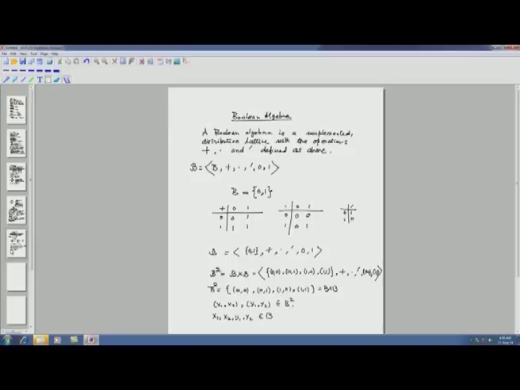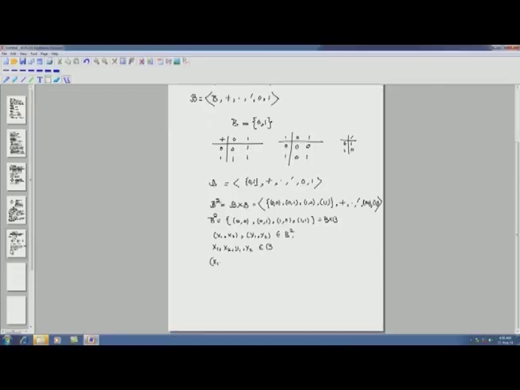Therefore, we can define the plus and dot by using the operations on B, that is x1 x2 plus y1 y2 will be x1 plus x2, y1 plus y2. No, this is not correct. So, I will change it.